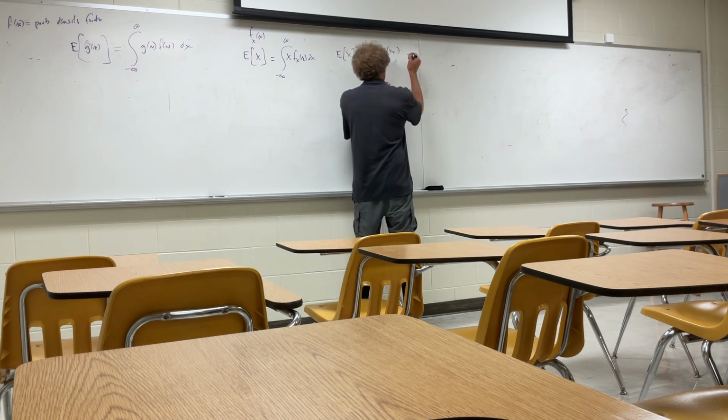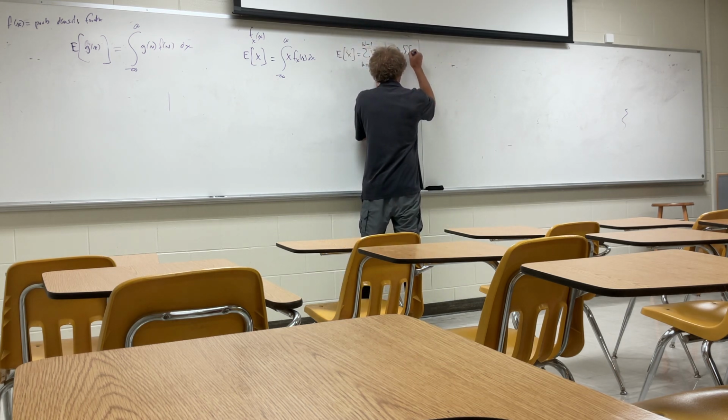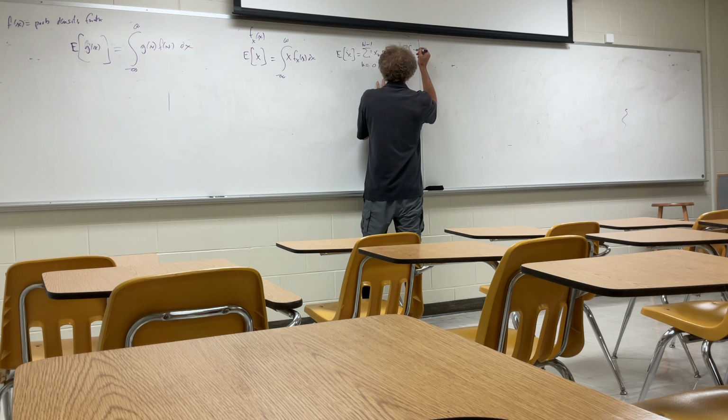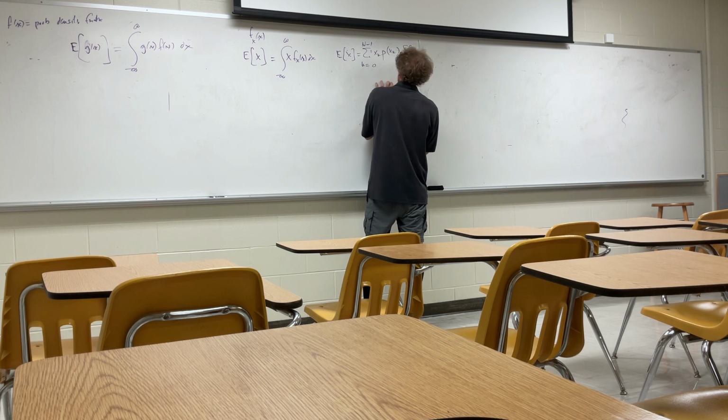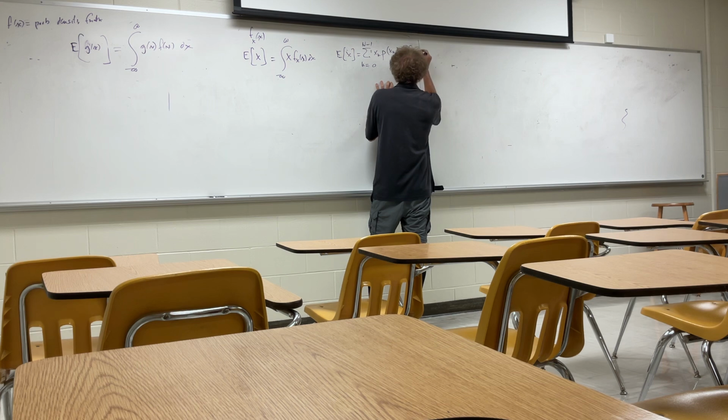Sometimes they do this, I don't like it, but they'll put a delta, and the argument has to be 0, so he'll have a delta of n minus k.